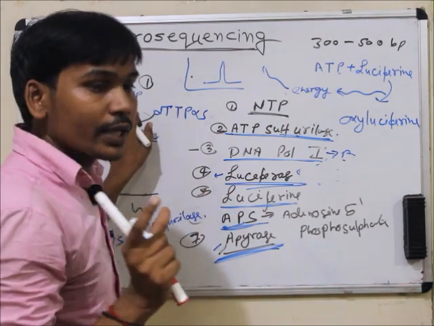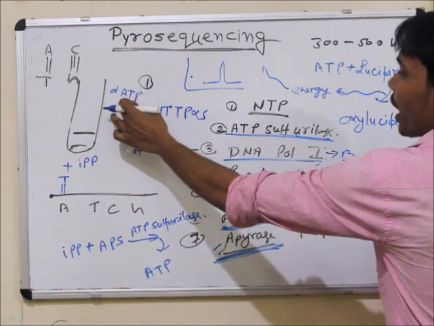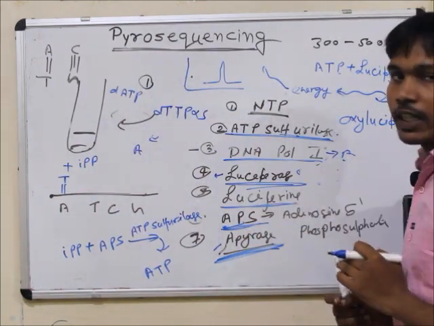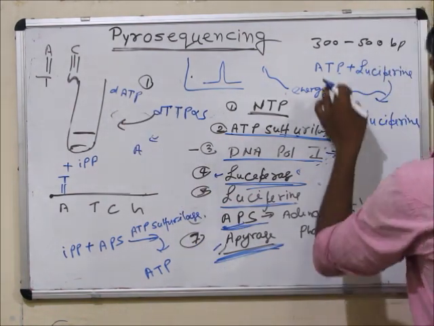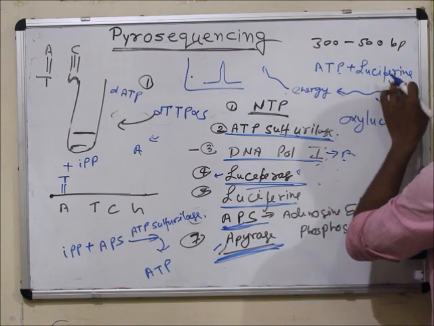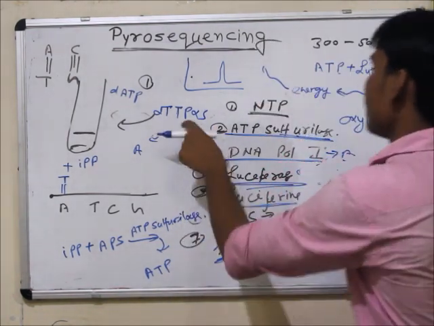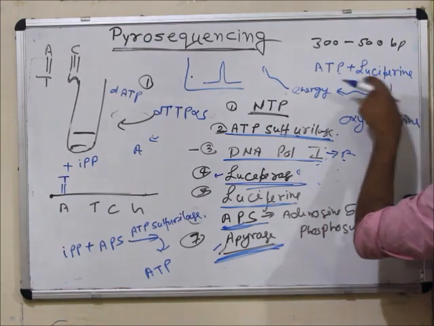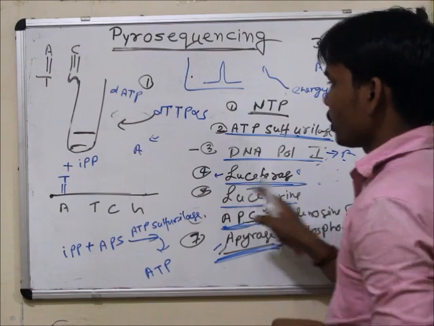This is also a nucleotide, but we cannot add it. Because if there is only deoxyadenosine triphosphate, then this converts luciferin into oxyluciferin. But in this form we add, it cannot react with the luciferin or luciferase enzymes.